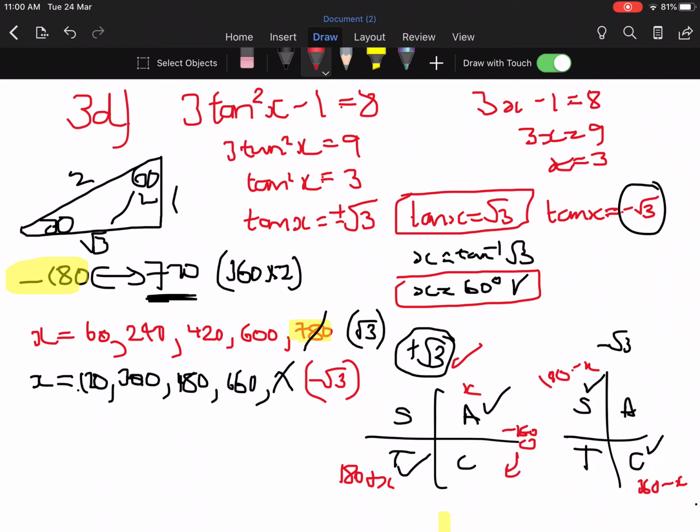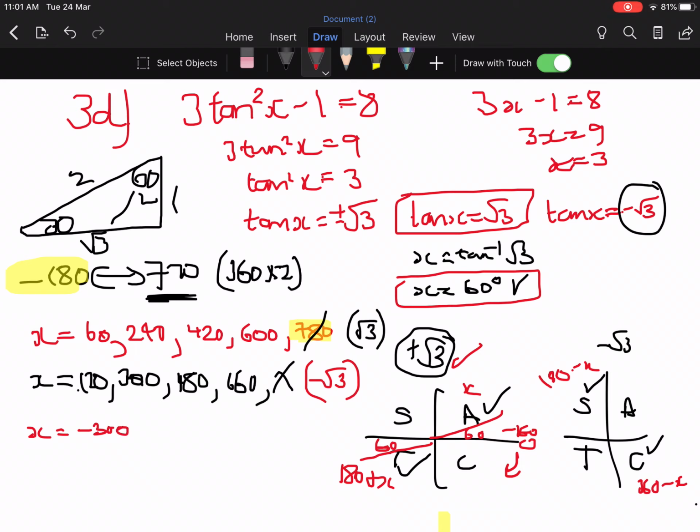So I'm going in this direction. Now I'm in this quadrant, 60, and I'm in this quadrant, 60. So therefore, if this is negative 360, then it's going to be negative 360 plus 60. So that's going to be negative 300.